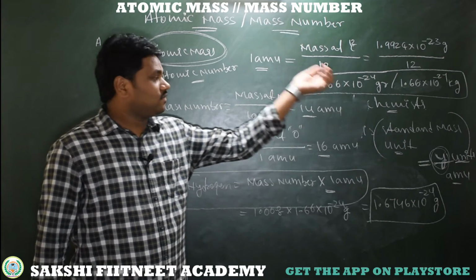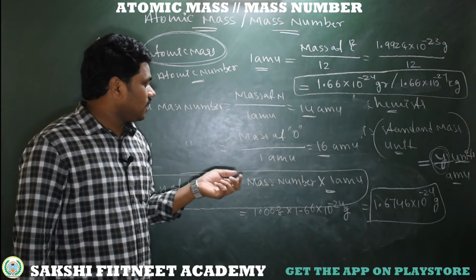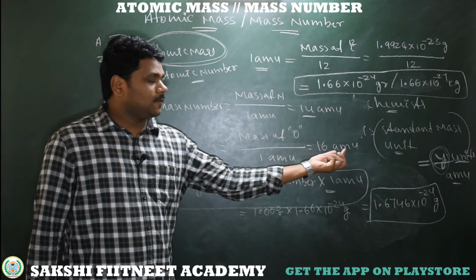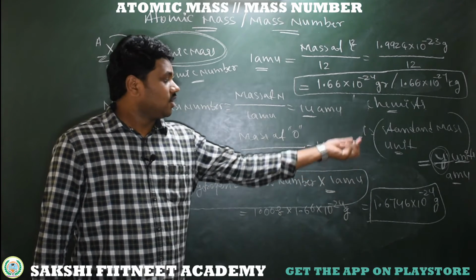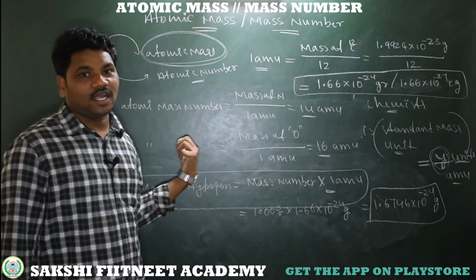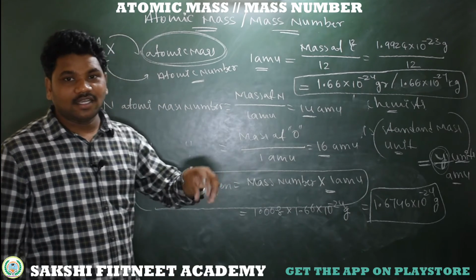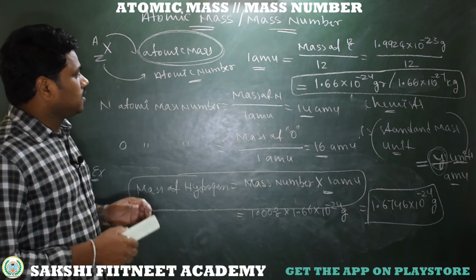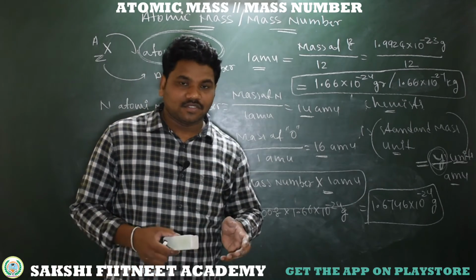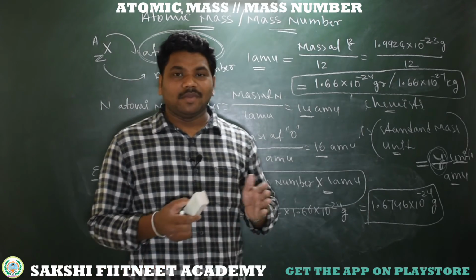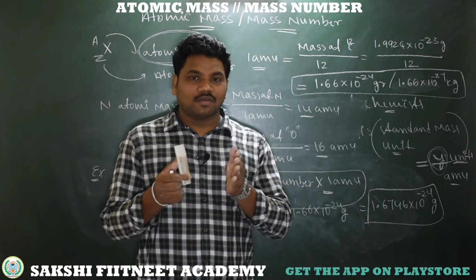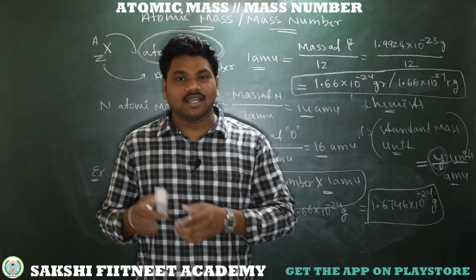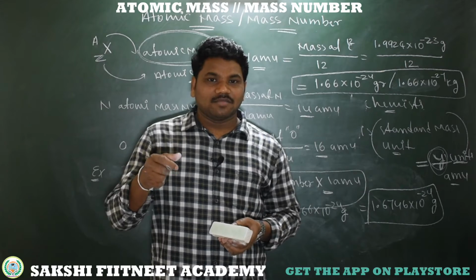That is the weight of nitrogen. When you take oxygen, 16 into AMU, then you will get the actual mass of that oxygen in grams and kgs. So here, by using a 1/12th part of the C12 atom weight, we can measure the atomic mass number. From the mass number, we can calculate its actual mass in grams and kgs.